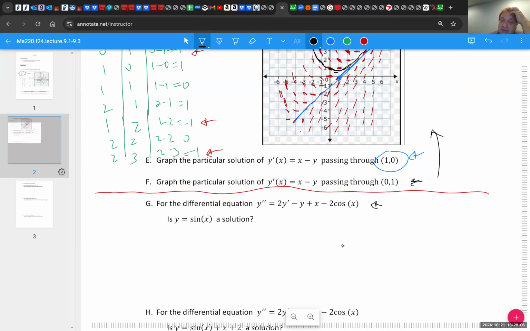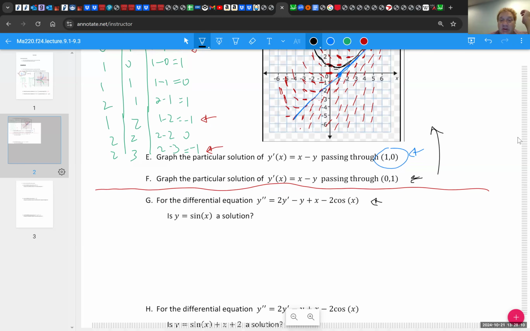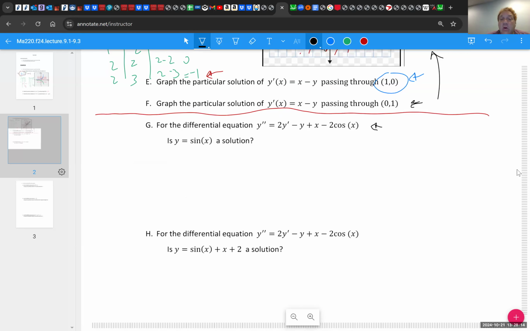So what's the gist of these last couple of problems that I'm going to run you through for the video here? Well, we want to be able to know whether a proposed solution is indeed a solution. So we have this complicated differential equation, and we have a question: is y equals sine x a solution? A solution would be an equation that makes that thing true, right?